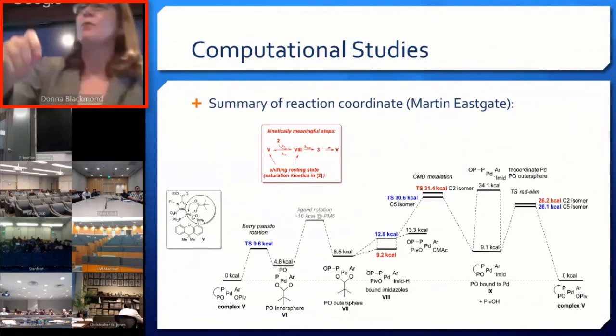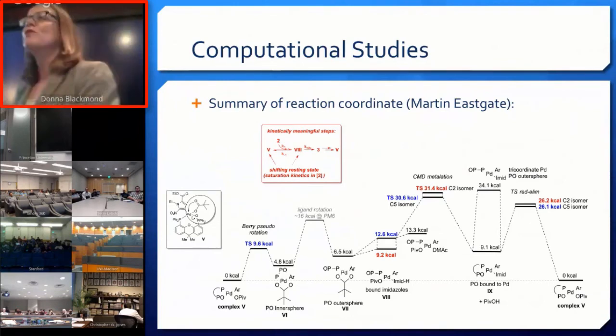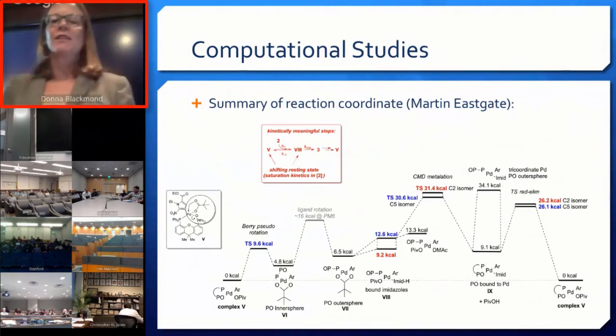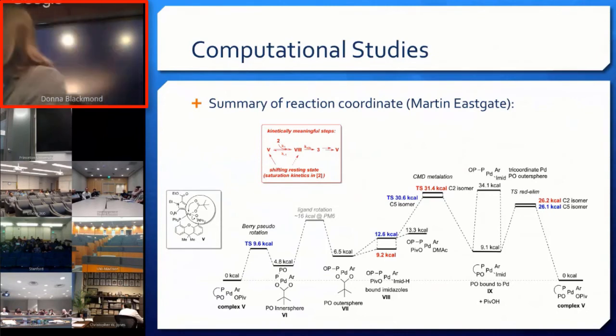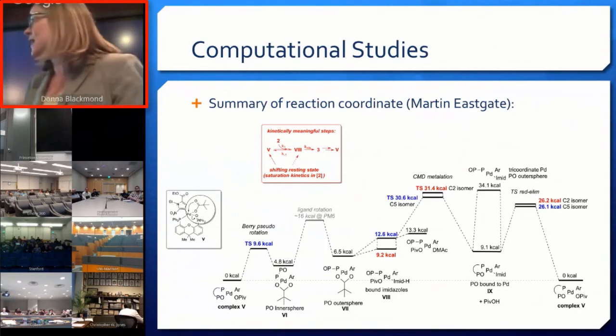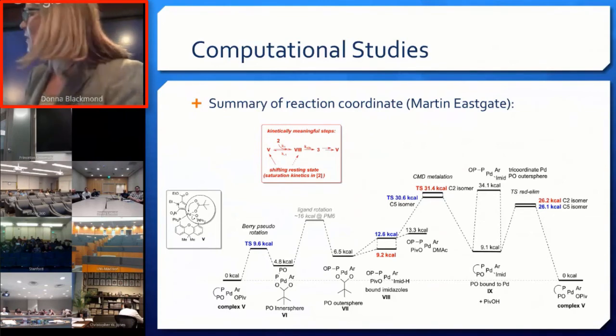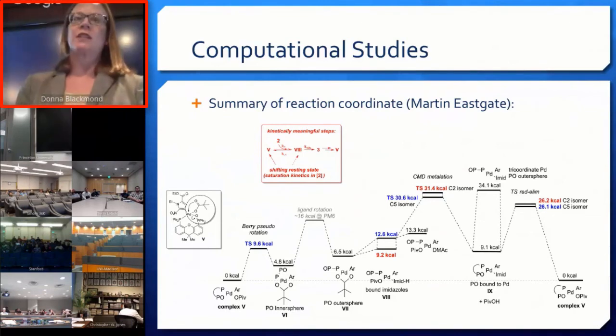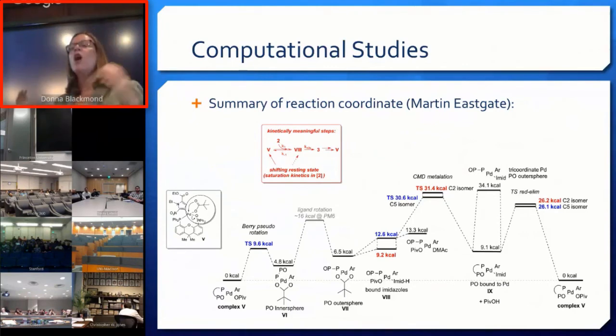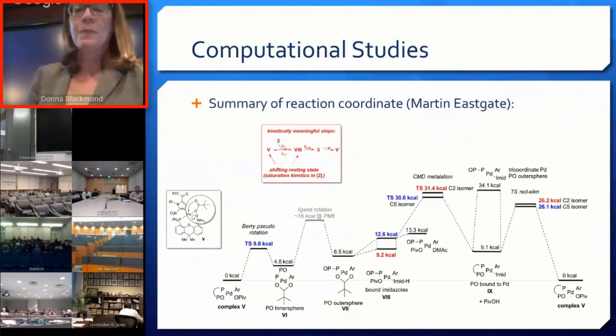They're there when they need to pull off the proton. It's a beautiful dance that these computations explain. And also explains the regioselectivity of this. You can't see that too well on this slide either, but it also explains the regioselectivity that we see in the product. So it turned out with this whole combination of tools to give us a really, I think, extensive picture of this cycle. Next slide.